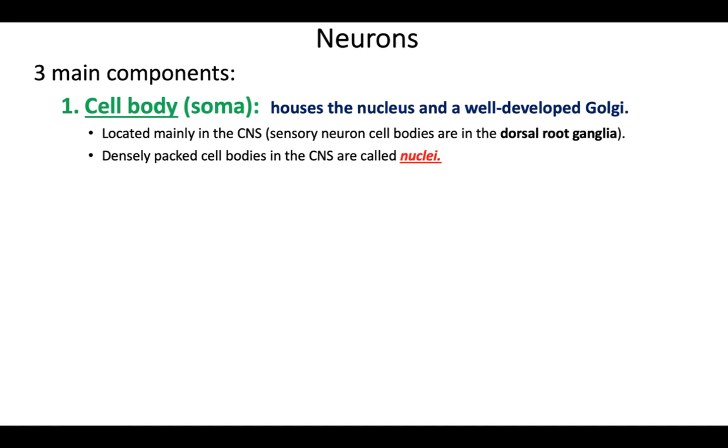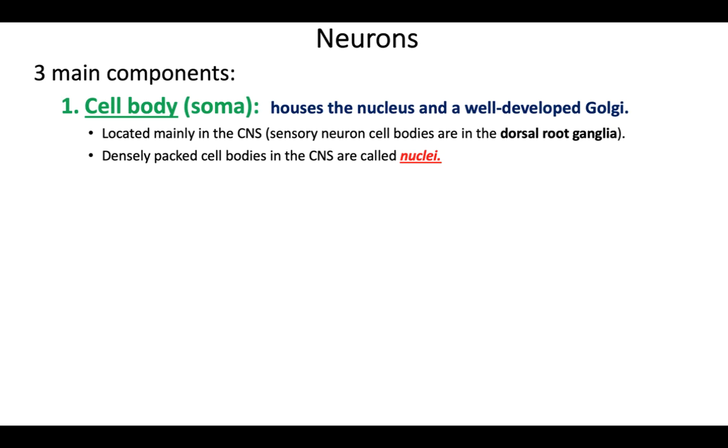Where you find a lot of cell bodies in the CNS, they tend to cluster together, and those are called nuclei. Now, that's a different nuclei than the nucleus of a cell. It's basically areas where, because you have a lot of cell bodies, there's very little myelin. The myelination is only found on the axons of neurons.